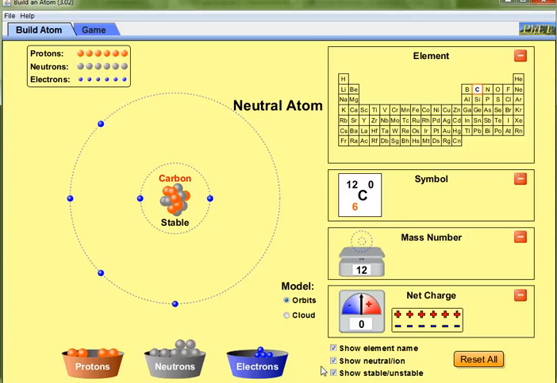Divyangi? The correct answer is neither. Okay, it's not easy for carbon to either gain 4 electrons or lose 4 electrons.